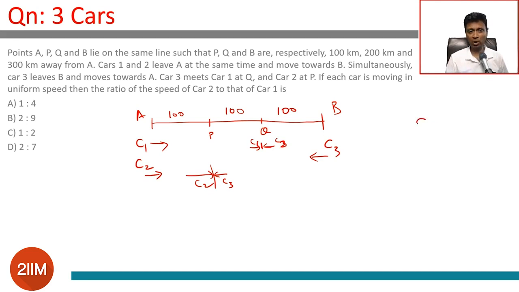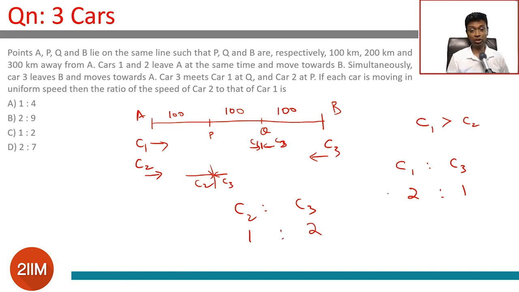So car 1 is traveling quicker than car 2. So car 1 meets car 3, then car 2 meets car 3. And so C1 to C3: when car 3 travels 100, car 1 travels 200. So ratio of speeds C1 is to C3 is 2 is to 1. C2 is to C3: when C2 travels 100, C3 has traveled 200. C2 to C3 is 1 is to 2.